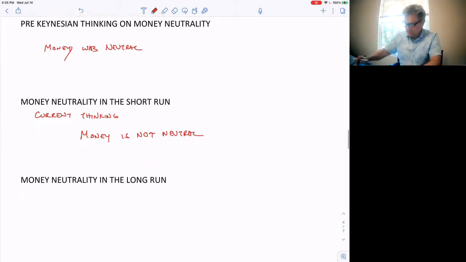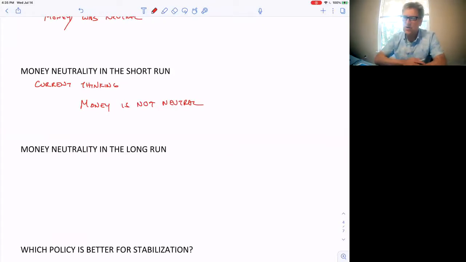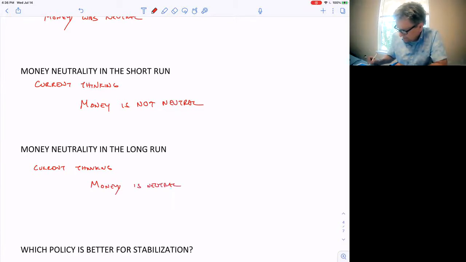What about in the long run? Is money neutral? The current thinking is that in the very long run, money is neutral. But I think it depends on just how long we're looking at, because it certainly could affect the economy for quite some time.